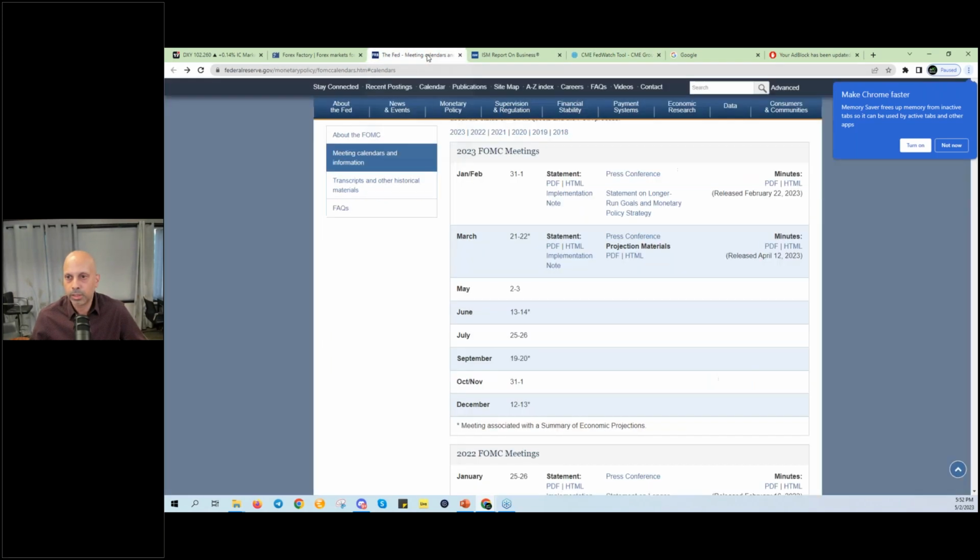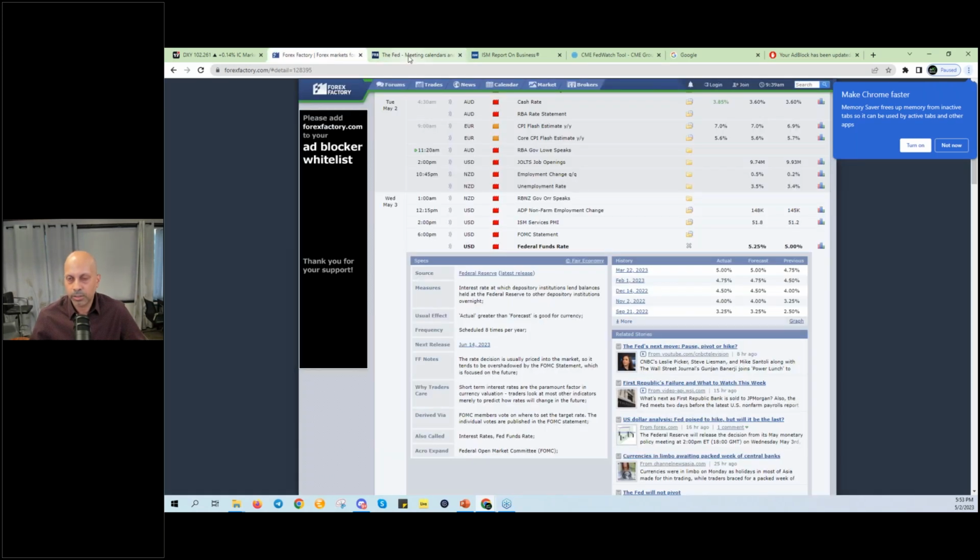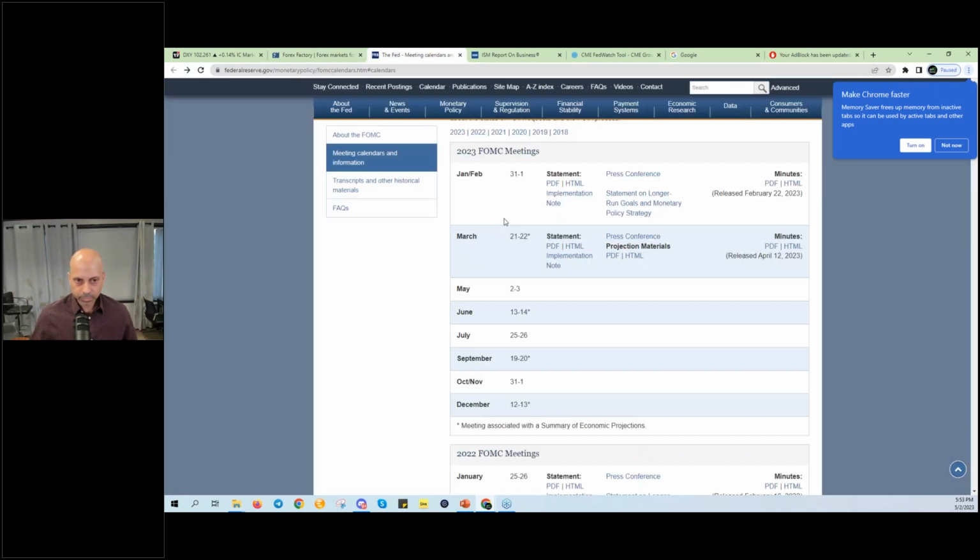Okay, so this is FOMC, and similarly, you can do this for the Bank of England, the ECB, RBA, RBNZ, and all the other major central banks as well. I've just shown you how you can access the various websites for each central bank and the statements and press data that is present.